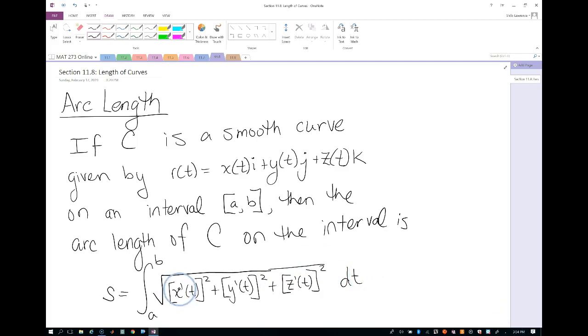Well, if you notice, x prime, y prime, z prime, that is just the components of the r prime function. And anytime we square our components and add them together under a square root, that is considered to be a magnitude. So really, all we have inside this integral is the magnitude of r prime of t.